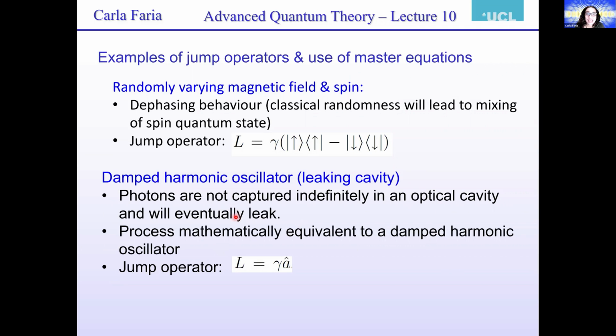Eventually, they are going to leak. And mathematically speaking, the process that is going on is similar to what you have with a damped harmonic oscillator. So you need to construct a jump operator that is going to account for this kind of photon annihilation. So you're going to have something that is proportional to the annihilation operator.